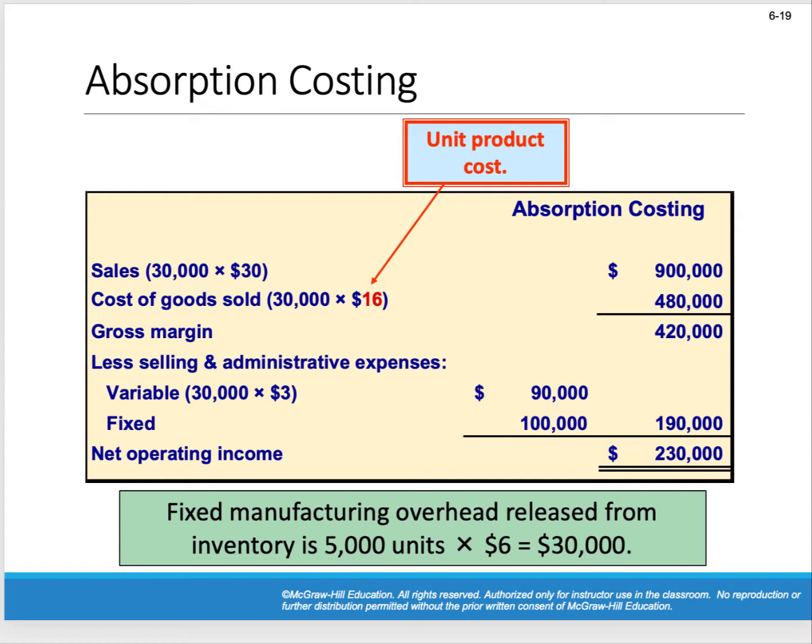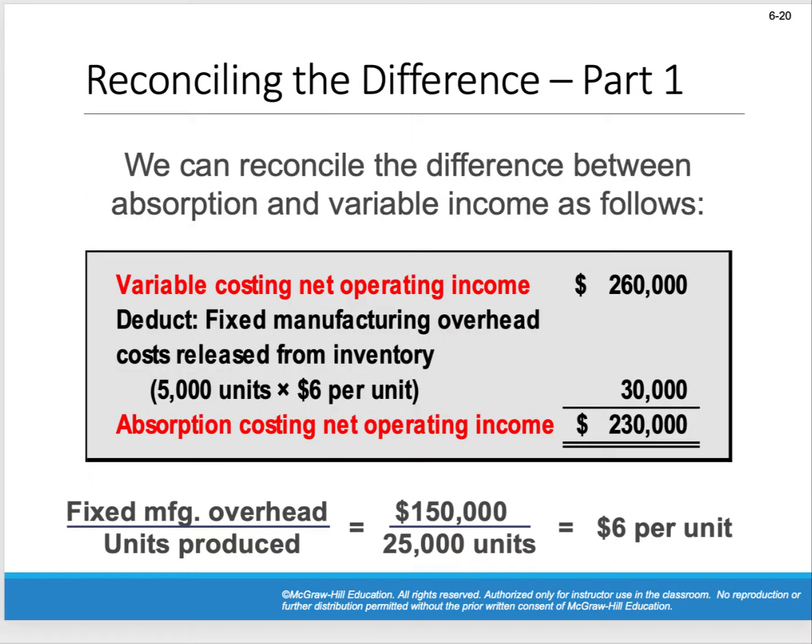Well, it all has to do with the fixed portion of manufacturing overhead, right? Remember those 5,000 units that were sitting on our balance sheet? Guess what? We're now at the next period. We now sell those. We now have to recognize that expense. So fixed manufacturing overhead released from inventory is $30,000.